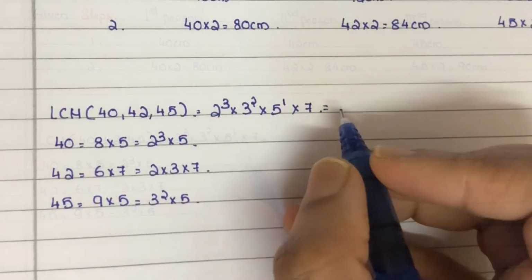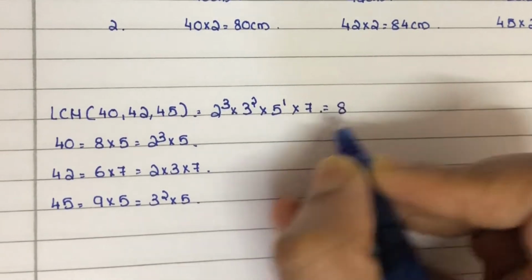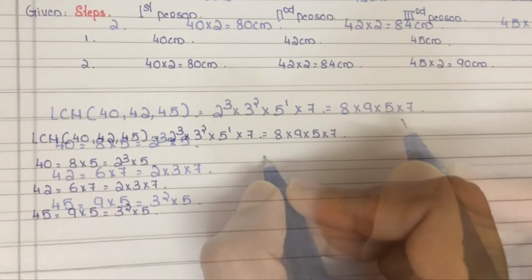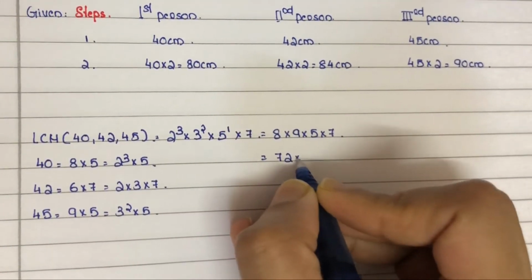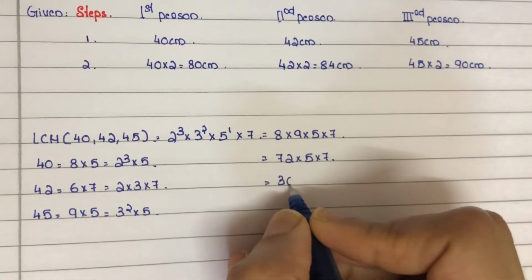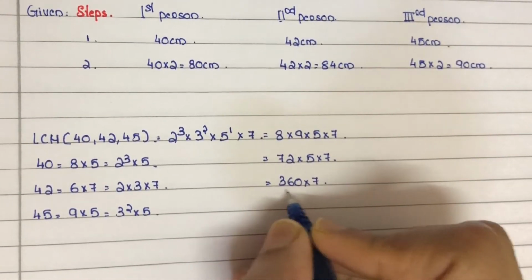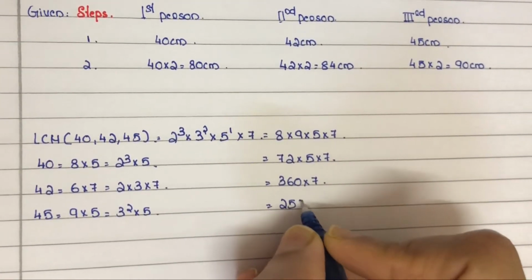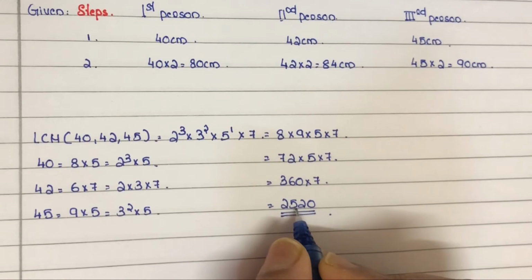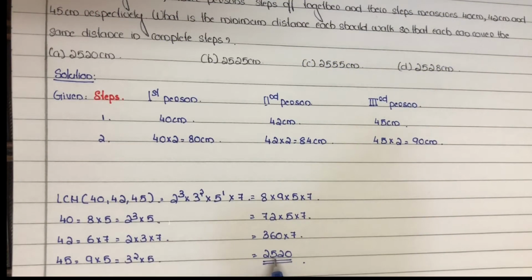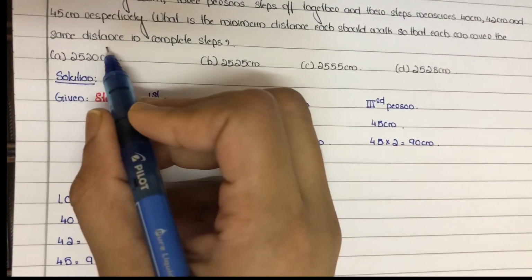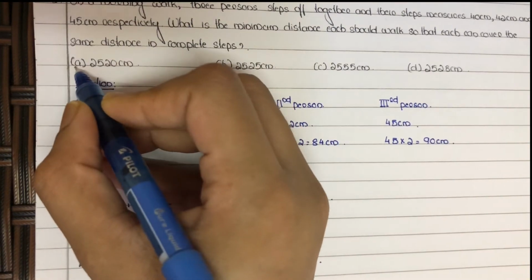This is the LCM: 2 raised to 3 is 8, into 9 into 5 into 7. 8 into 9 is 72, into 5 is 360, into 7 equal to 2520. LCM of 40, 42, 45 is 2520. 2520 is the minimum distance each should walk so that each can cover the same distance. Answer is option A.